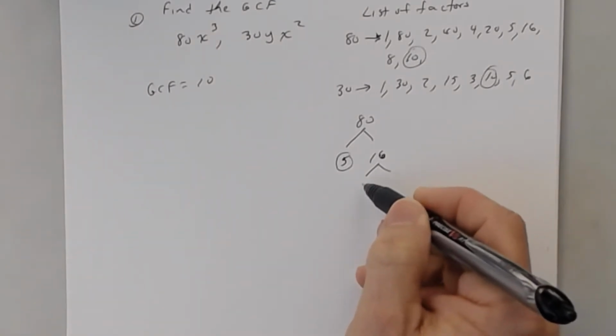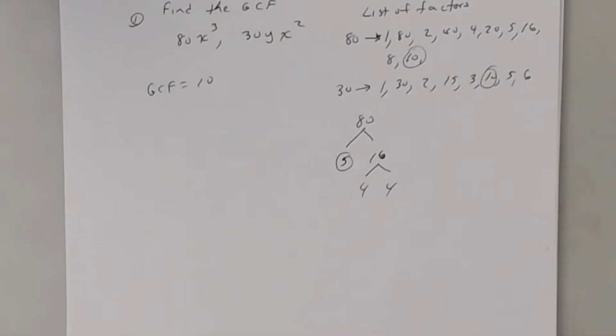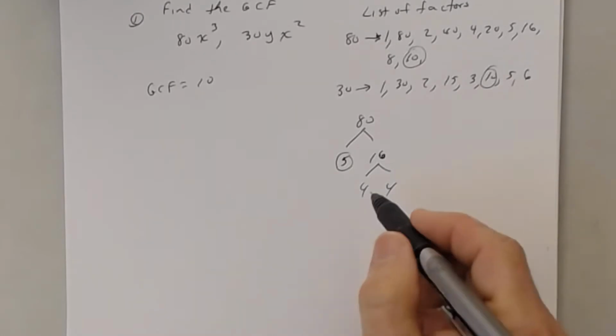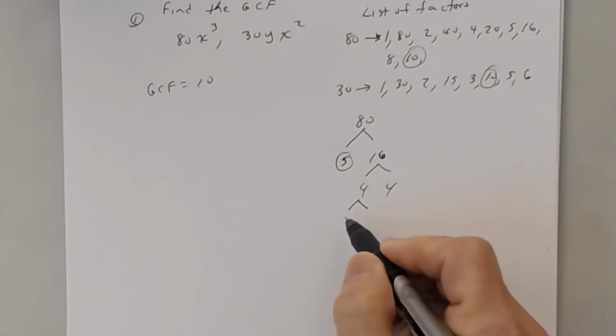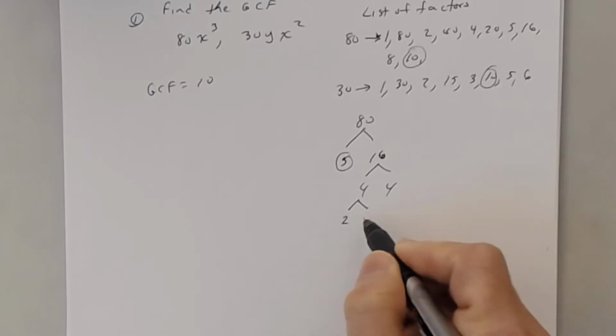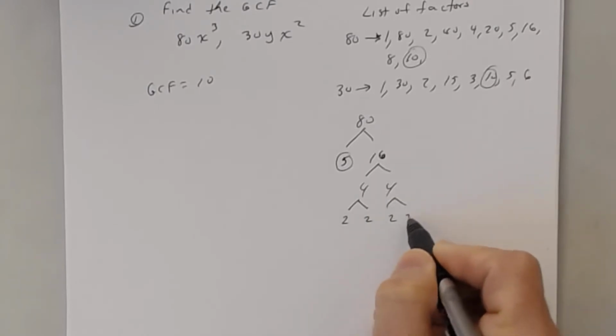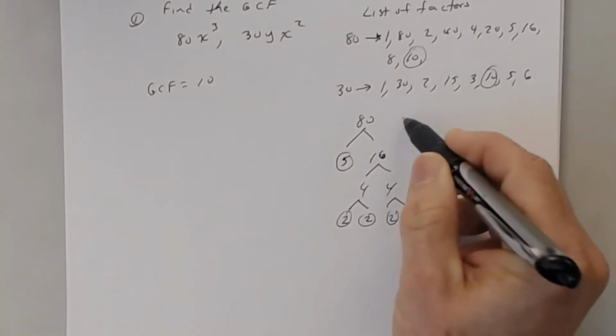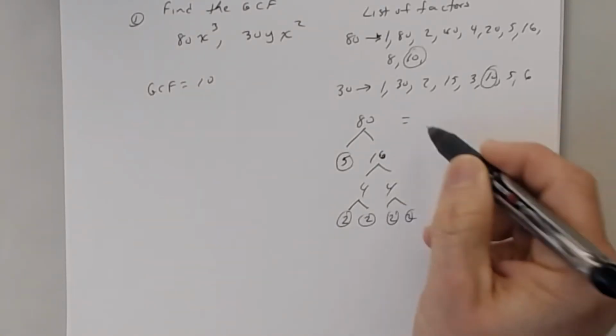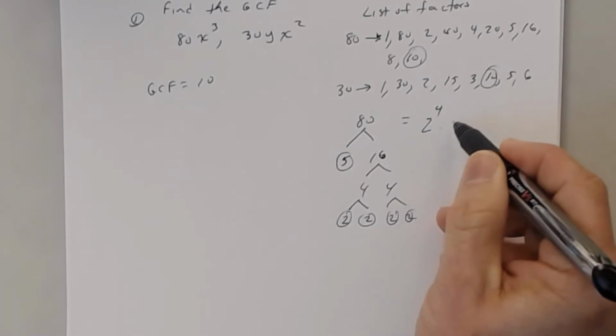I'm going to use 4 and 4. What do you notice about 4? I can break it down further, right? What do I write? 2 and 2, and this also is what? 2 and 2. All right, so all those are prime, so I can stop. So I know that 80 is 2 to the 4th times what?